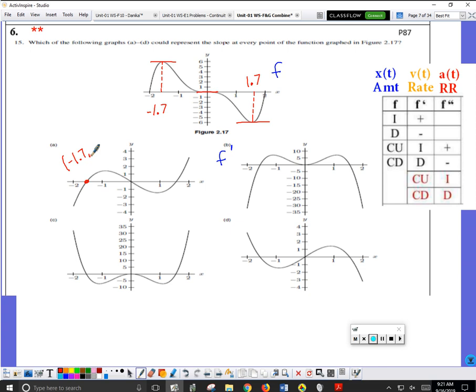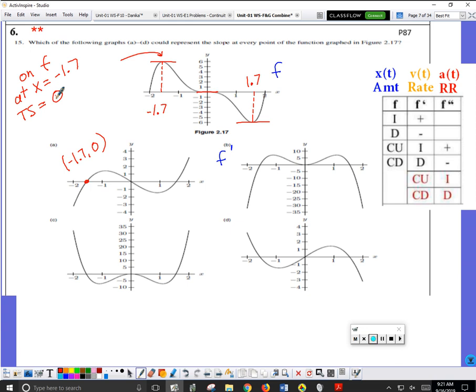You need me to say that again? So basically, the tangent slope equaling 0, let's say, is at negative 1.7, so the y-coordinate at negative 1.7 on that graph has to be 0. I'll say it again. Up here on f, at x equals negative 1.7, the tangent slope is equal to 0. This is not an AP abbreviation, so don't use it, but for your notes it's fine.